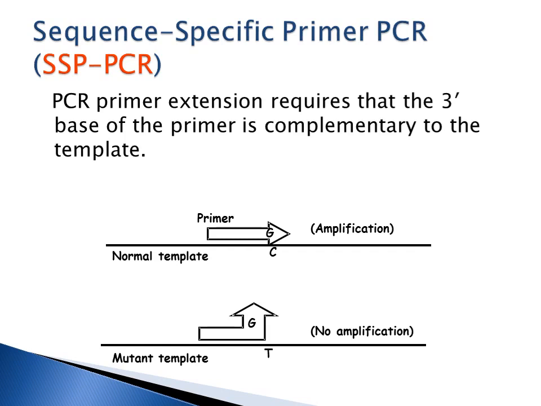However, if you have your mutant template, there's a T instead of a C, so you're not going to get any amplification because your primer is not going to be able to hybridize and amplify because the last base is different.